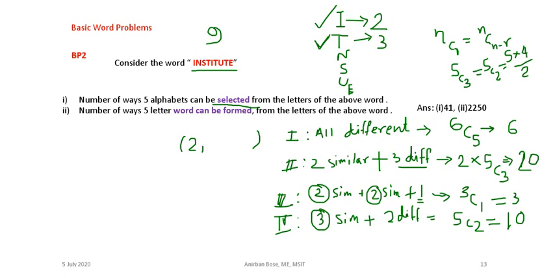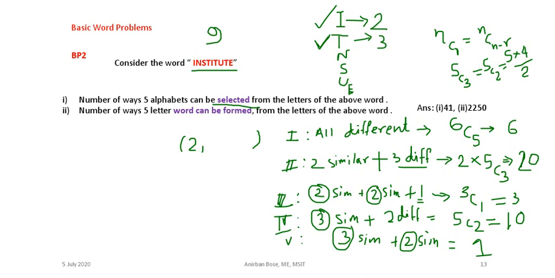Okay. So is there any other situations that may arise? Have we taken all these cases, or any other cases that we have not yet considered? See, it can be 3 similar of one kind and 2 similar of other kind. That is also possible, and that is only one way can be possible.